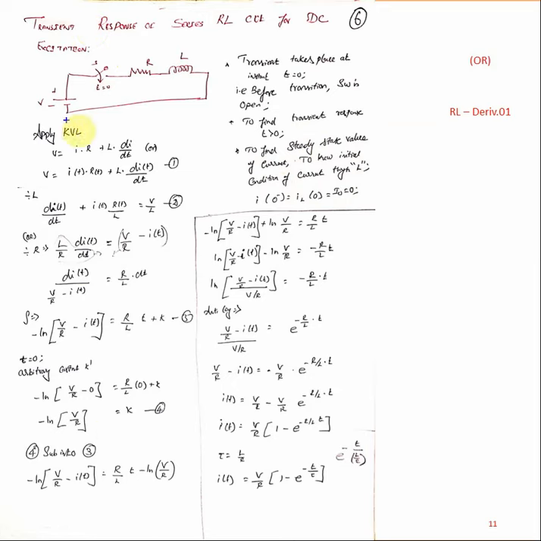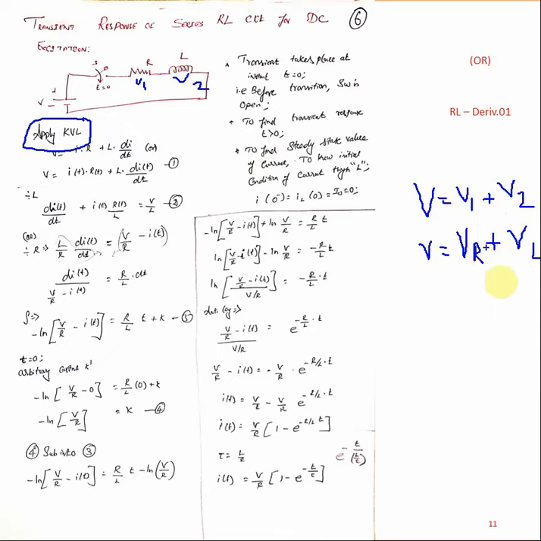First, apply KVL, Kirchhoff voltage law. It says V is equal to V1 plus V2, that is, V equals VR plus VL.